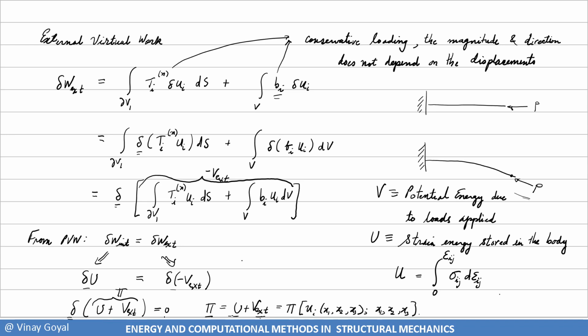Now you know that when internal virtual work equals external virtual work, the body must be in equilibrium. We covered that. In other words, if the internal virtual work equals external virtual work, then the first variation of pi equal to 0 must also imply that the body is in equilibrium as a consequence.